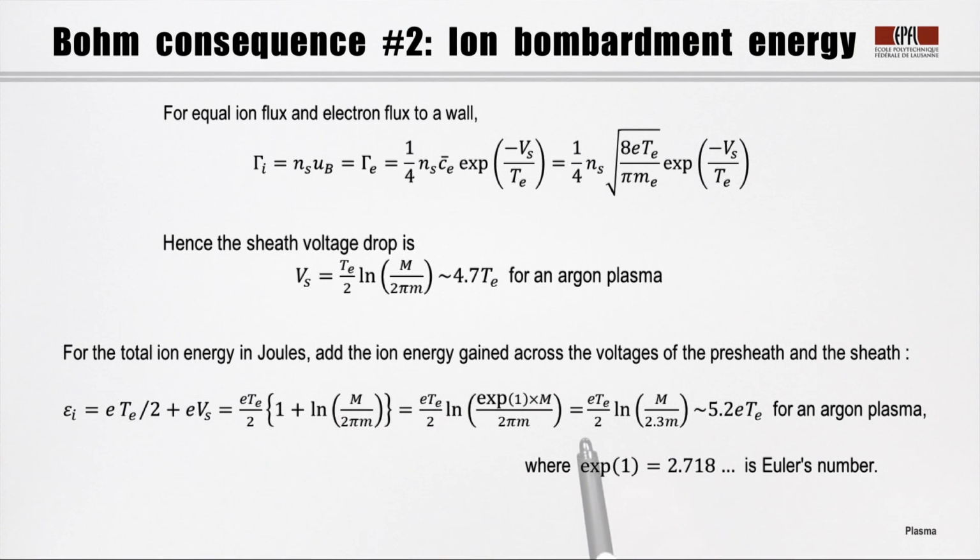If you see this expression for the ion energy, this is the expression for the ion energy across the pre-sheath and the sheath to the wall. Remember that 5.2 eTe corresponds to an argon plasma. If you have a plasma in different gases, then you have to substitute the relevant mass of the ion, which will change this factor 5.2.